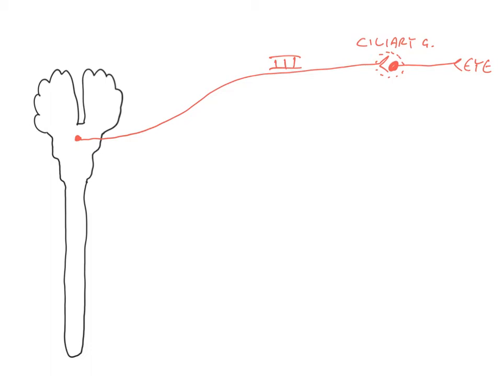The second cranial nerve, which contains parasympathetic fibres, is the facial nerve. And the facial nerve actually supplies two different ganglia. So this is the facial nerve, cranial nerve 7, and it synapses in two separate ganglia.